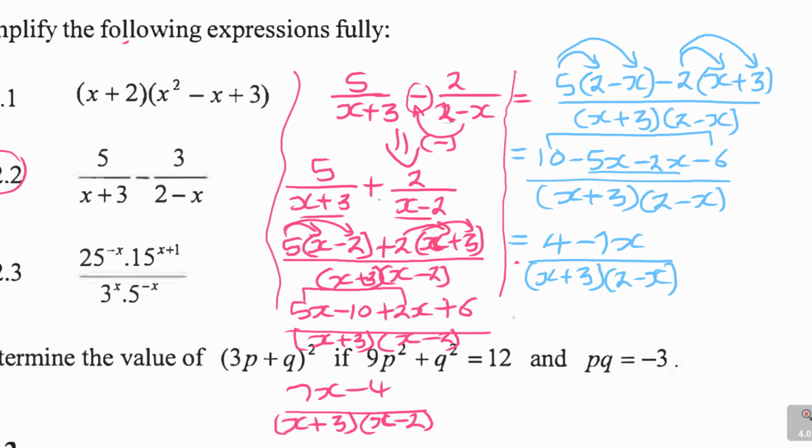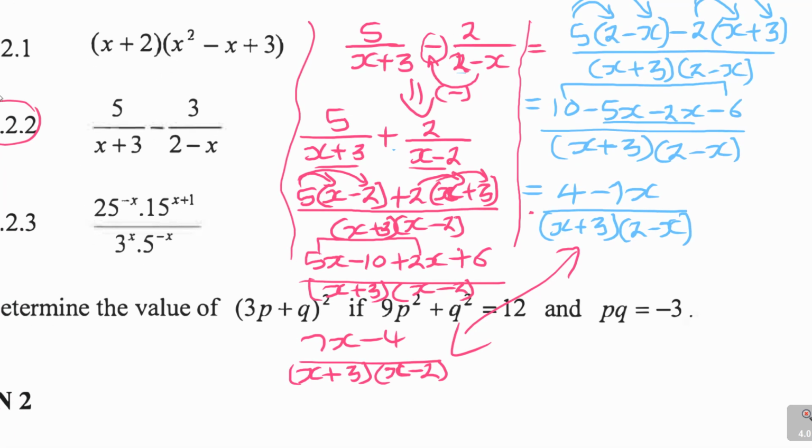But if you compare these two answers, they are the same in the sense that if I took out a negative here, the negative was going to interchange the top to such an extent that I've got 7x minus 4. Look, 7 is negative, 4 is positive, and then over x plus 3. Because I took out a negative on the second one, it will become x minus 2.